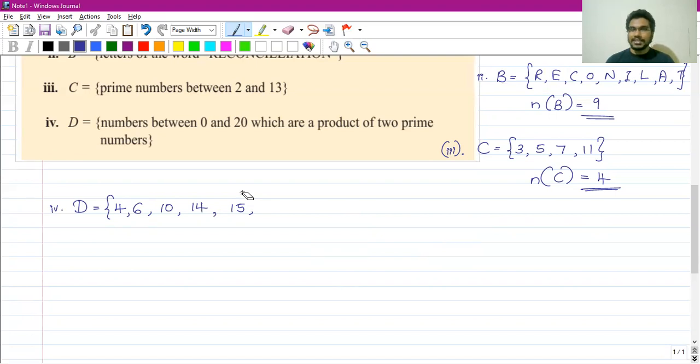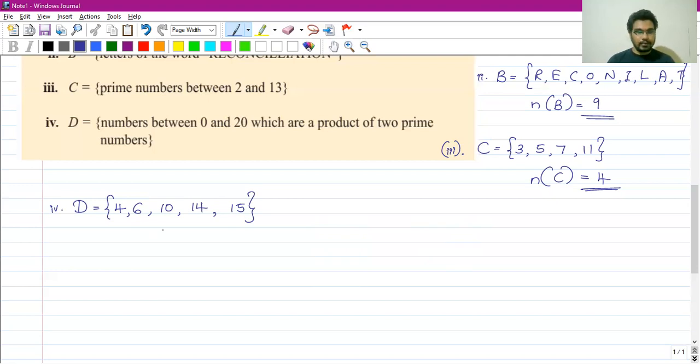Again we can write 6 multiplied by 3, but 6 is not a prime number, so it is also not correct. Again 19, so no, it is only one prime number. Yes, so these are the only numbers that can be taken as the set of numbers between 0 and 20 which are a product of two prime numbers.